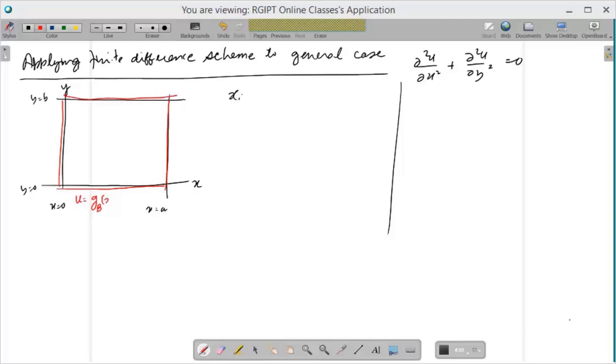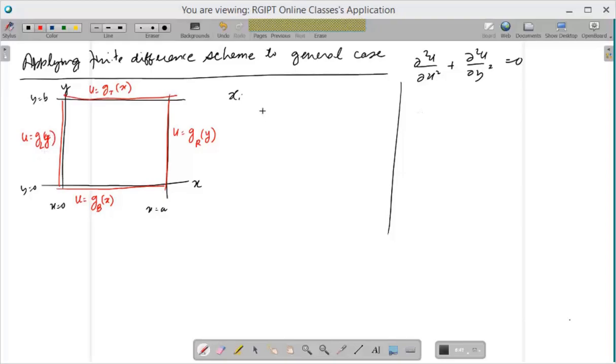B stands for bottom. u equal to g_t for top, u equal to g_r as a function of y, and u equal to g_l as a function of y. So these are the functions given.